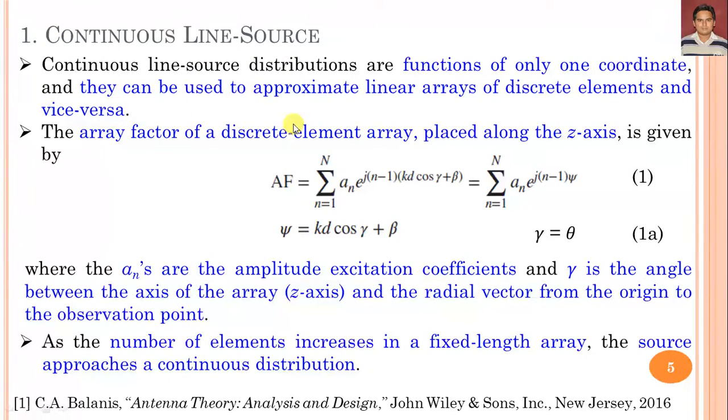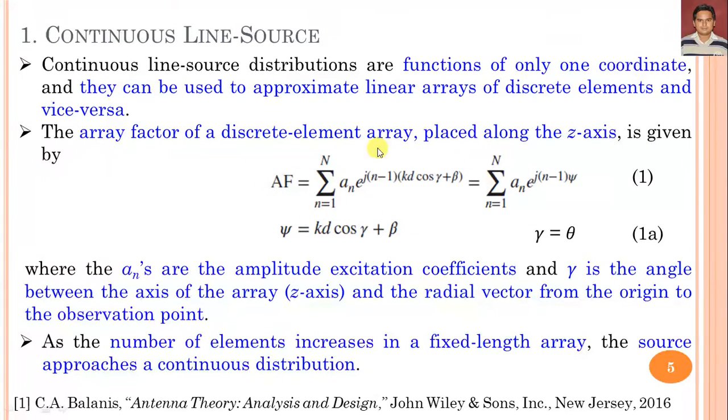Continuous line source distributions are a function of only one coordinate, and they can be used to approximate a linear array of discrete elements and vice versa. The array factor of a discrete element array placed along the z-axis is given by this expression, which we discussed in the antenna array series for the uniform linear array.